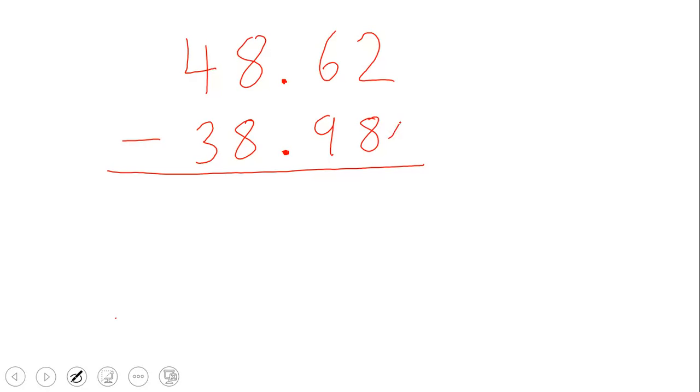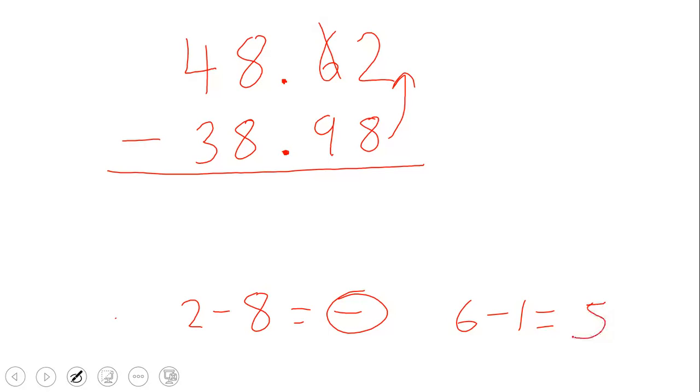We begin with these two numbers. We have 2 minus 8. 2 minus 8 will yield a negative number, and we don't want a negative number in our answer. So we go to our next door neighbor and we get 1. 6 minus 1 is equal to 5. If we get 1 from the 6, we're left with 5.